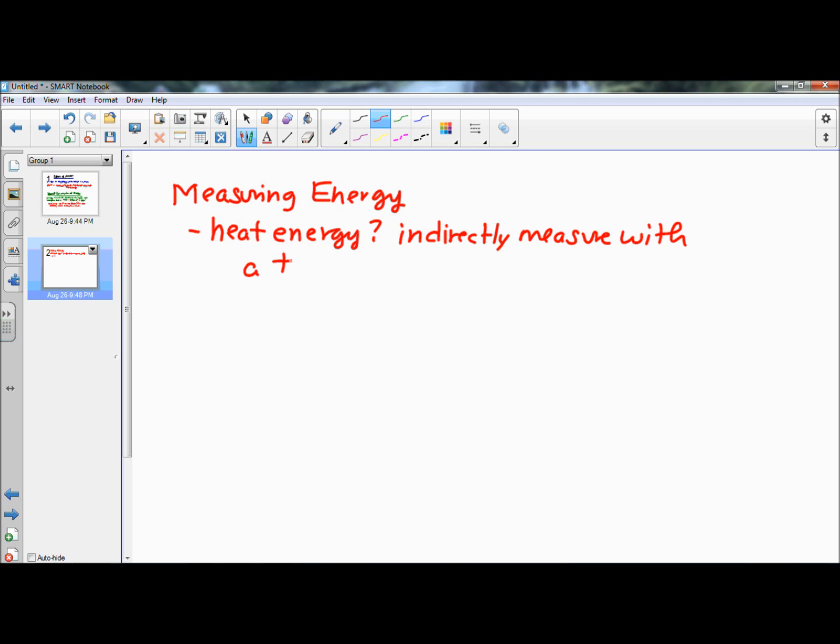And the instrument that we use for this is a thermometer. Now you may say, what does that mean, indirectly measure? It's because most people think that that's what a thermometer does. A thermometer measures how hot or cold something is.